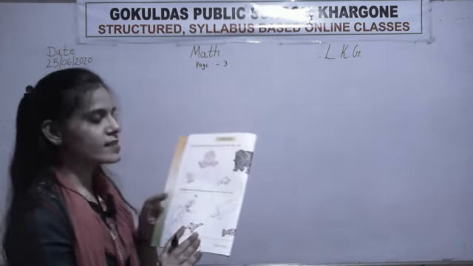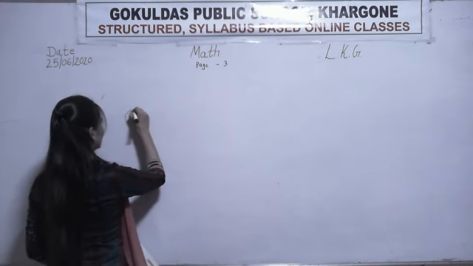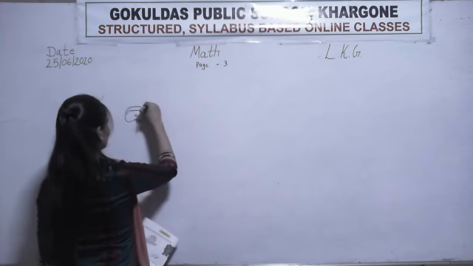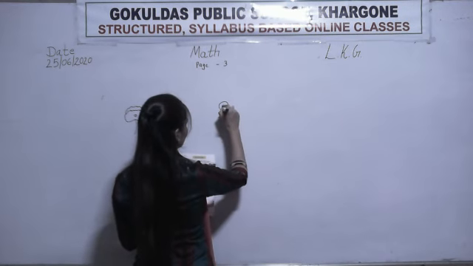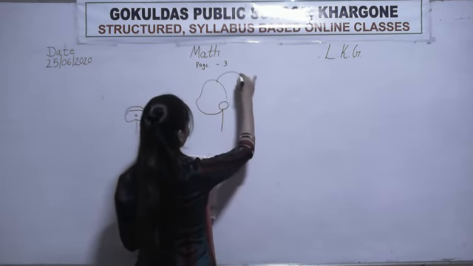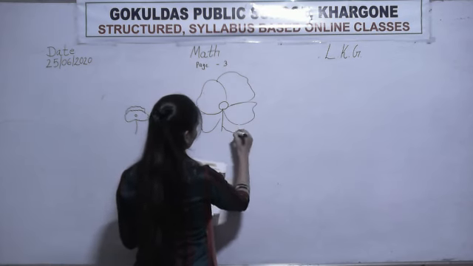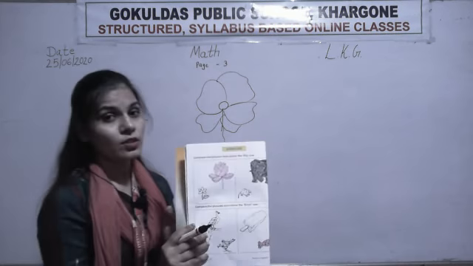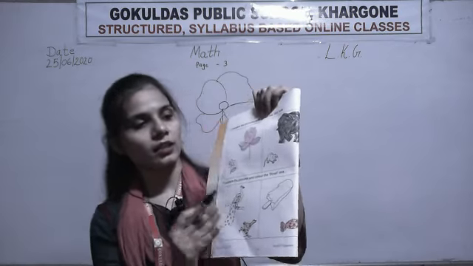Okay, the first example is a flower. This is also a flower. So the condition is color the big picture.